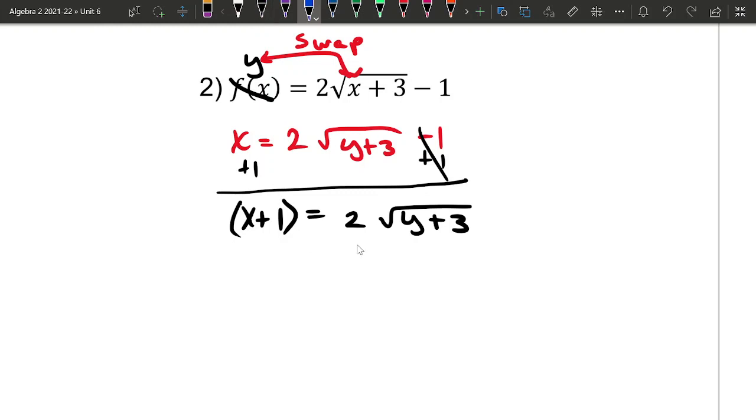So now I have 2 times the square root. So I want to divide by 2. You could divide by 2 or you can multiply by half. Either way, it's the same thing. On the right, I see divide by 2. But on the left, now I have this over 2, and that looks kind of weird.